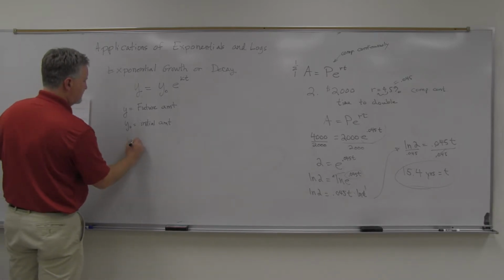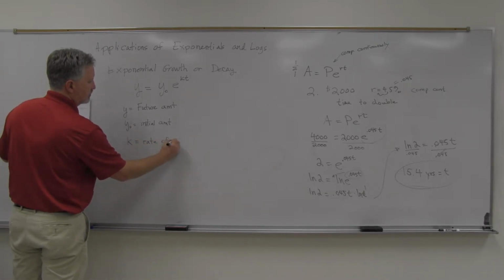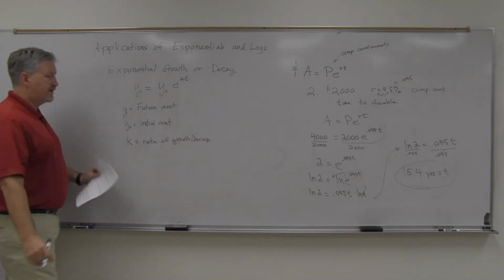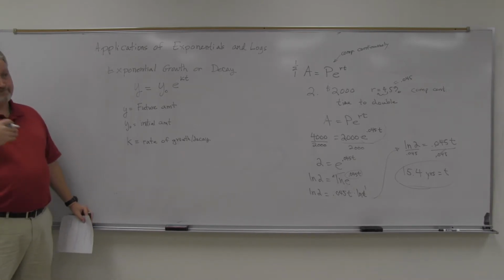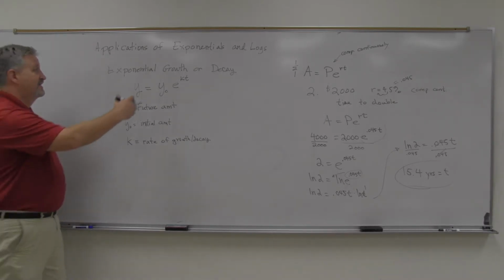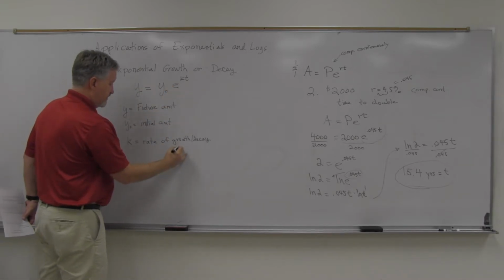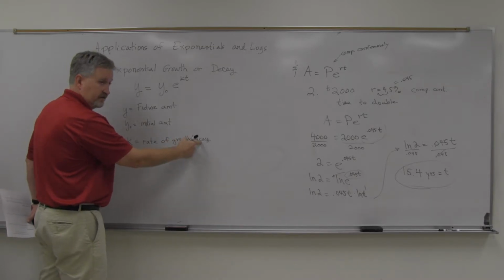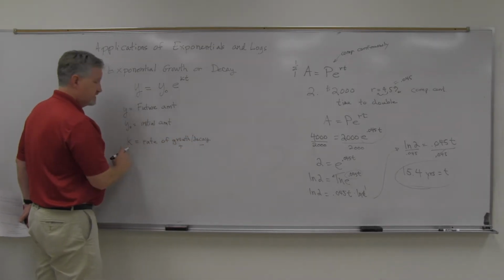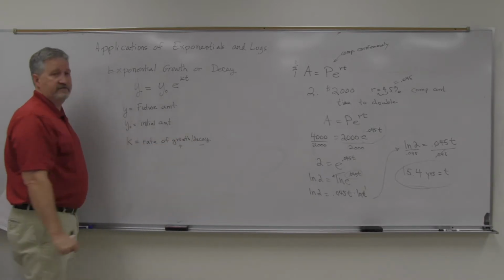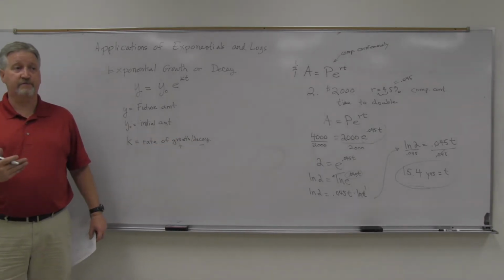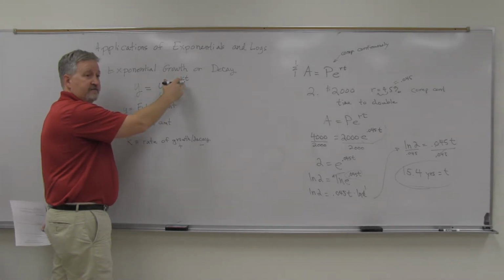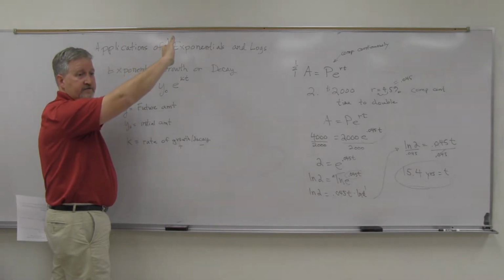k, well, that's the rate of growth or decay. Now, it could be a growth or it could be a decay. Now, how do you know which is which? Well, if you have a positive k, it's growth. Decay if it's negative. Because of the increasing and decreasing, we talked about that with the graphs. If the exponent's positive, that's increasing, so it's growth.